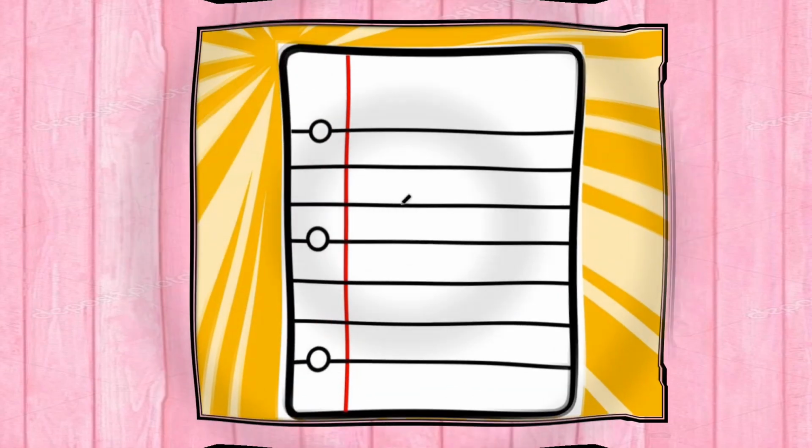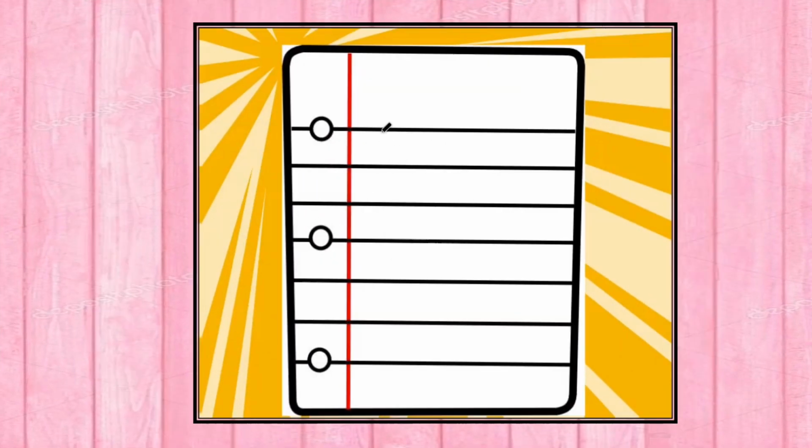Now that you have learned how to write the letter N, you are able to write the letter M. M is also a grass letter and writes into the middle two lines.